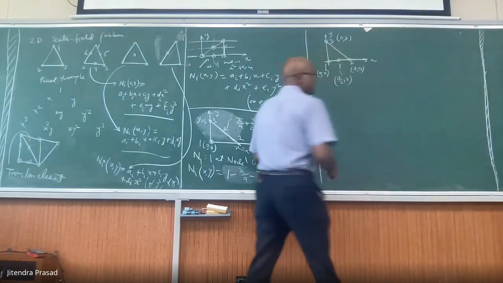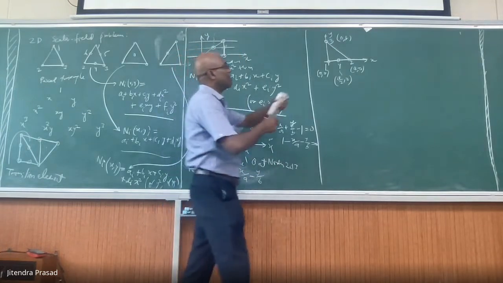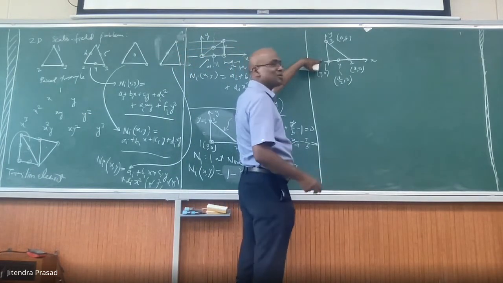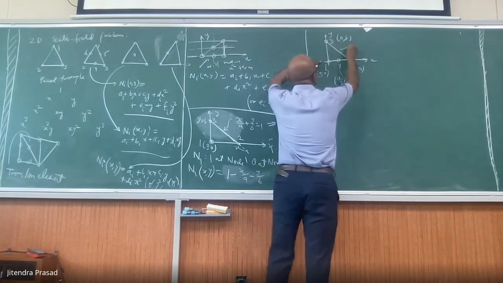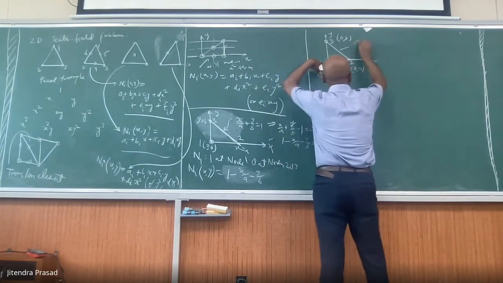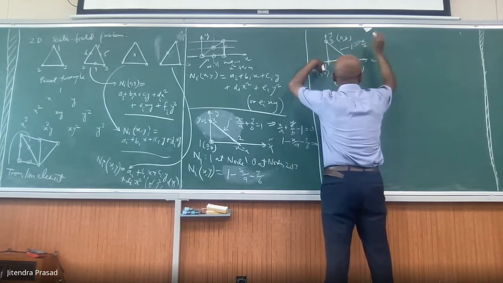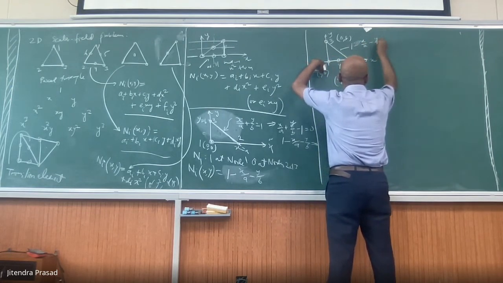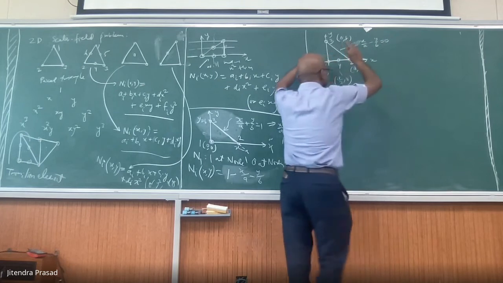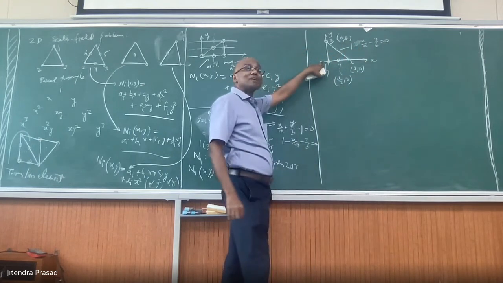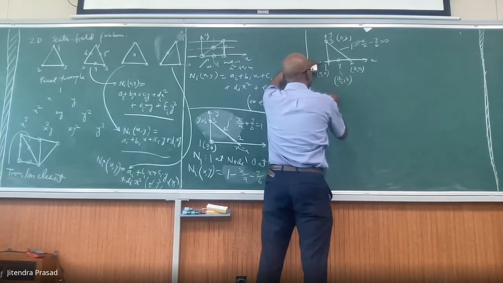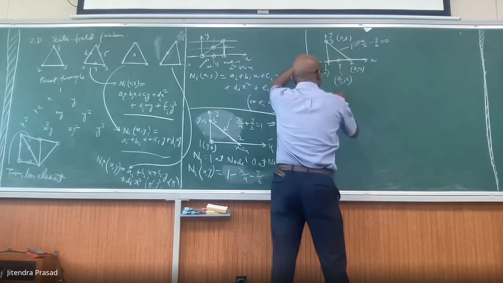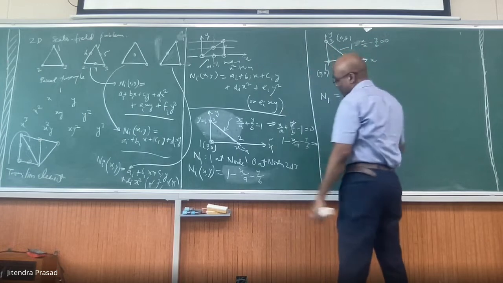How to formulate this one? Now, of course, we have this equation: 1 minus x over a minus y over b equals 0. This is this equation. And then we can propose in this case that n1 is equal to the product of two equations.